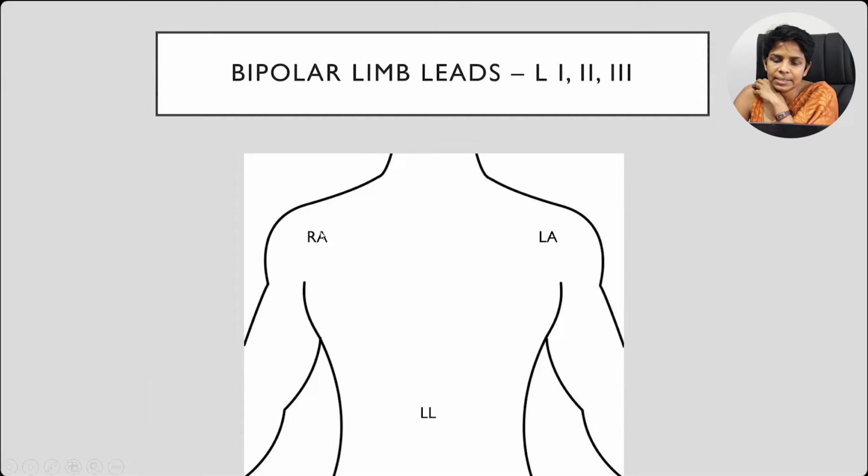Here, one of the other 2 electrodes is taken as a negative lead. For example, lead 1 records electrical activity from the left arm electrode and takes the right arm electrode as a negative pole, and it looks at the heart from the left or the lateral position.